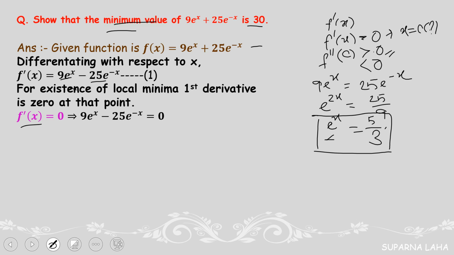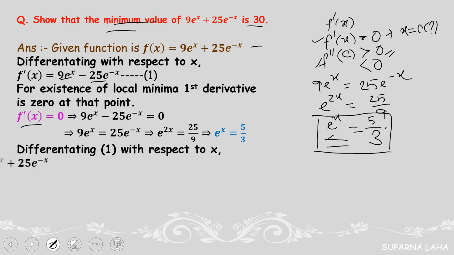Now at this value f dash x is 0, we need to first find f double dash x. So differentiating this again with respect to x, we will find f double dash x. Now look, this is the original function given here.